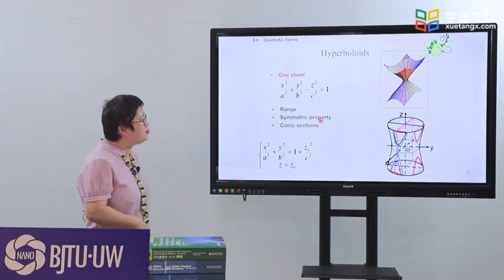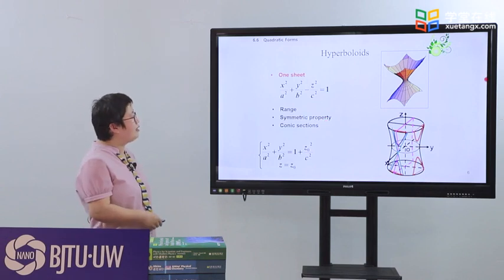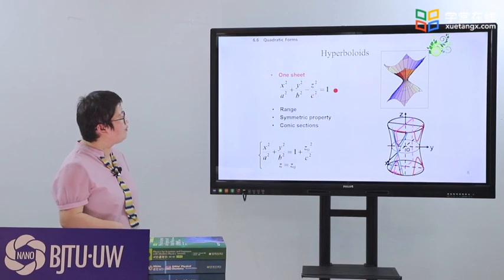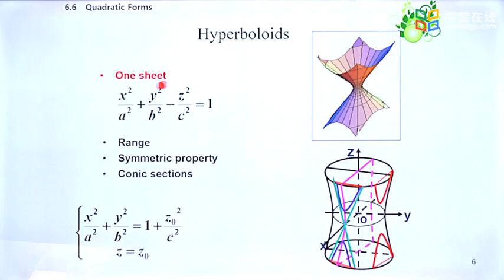So the symmetric property we consider now, it is symmetric to x-axis, to y-axis, and z-axis. If you put x equals minus x, you will get the same equation. Right? So it's symmetric with the x-axis. And how about xoy plane?